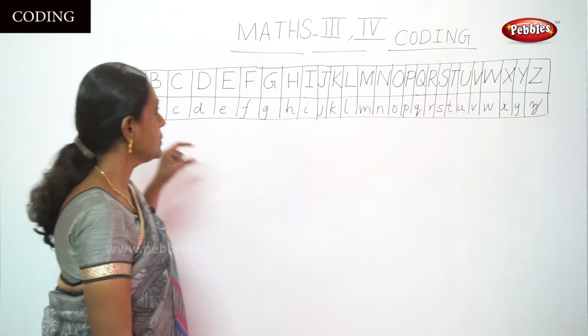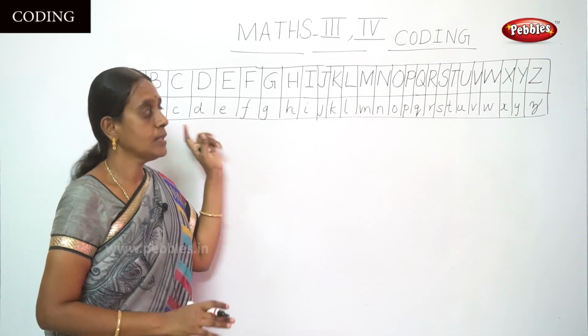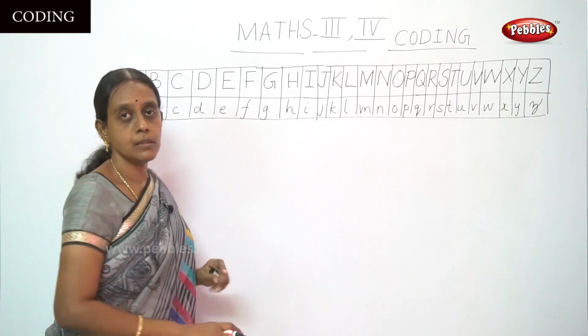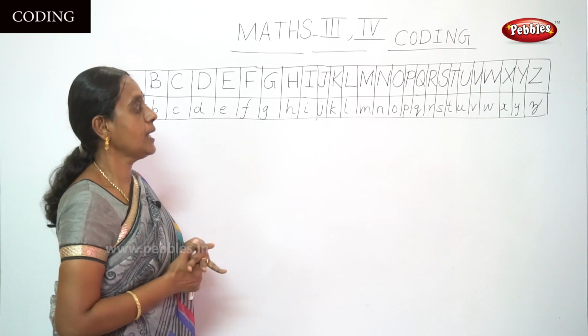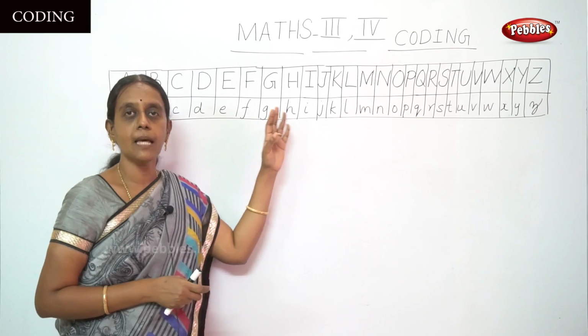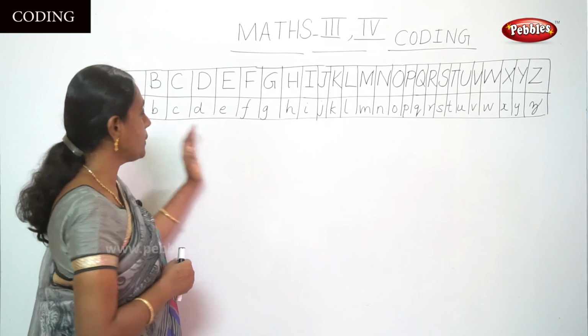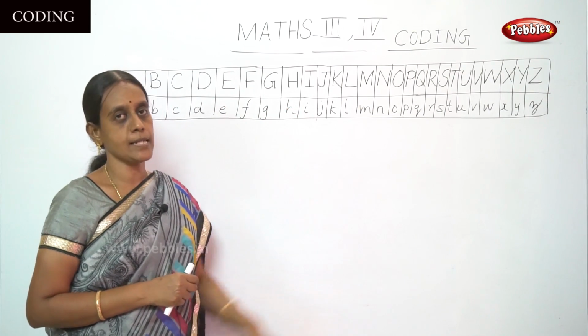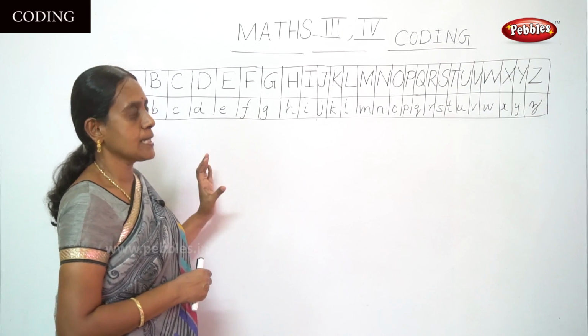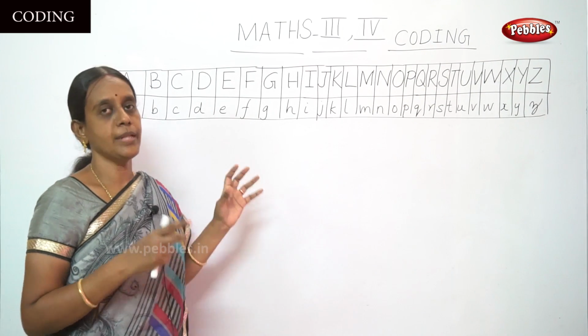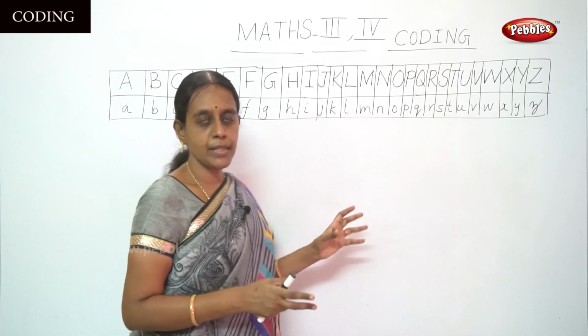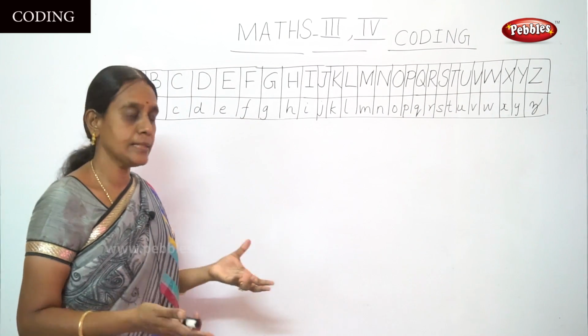So I am going to write the table. The upper line shows the uppercase, the capital letters, and the lower one shows the smaller case letters. For example, we are going to take one statement or one quotation, anything.